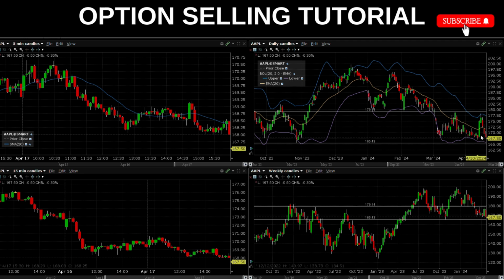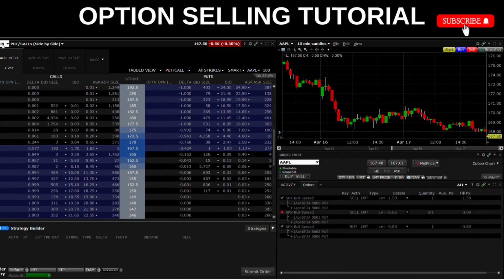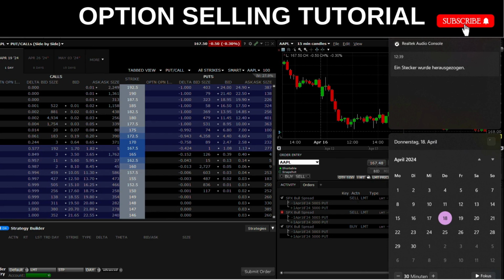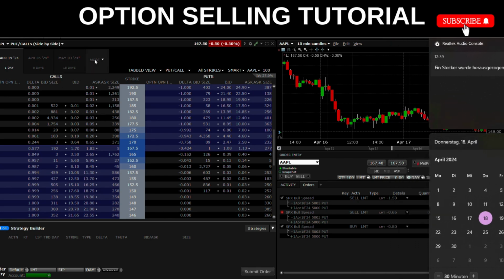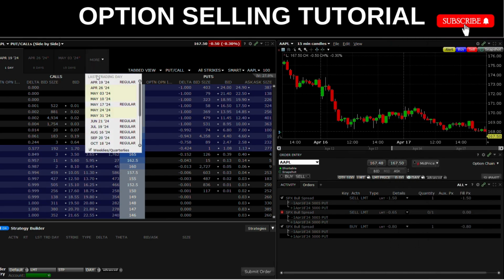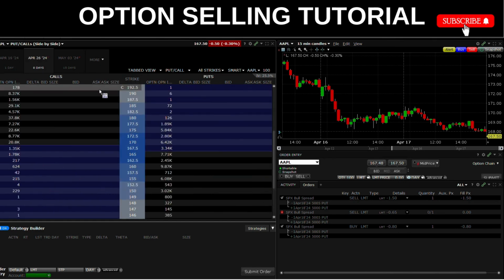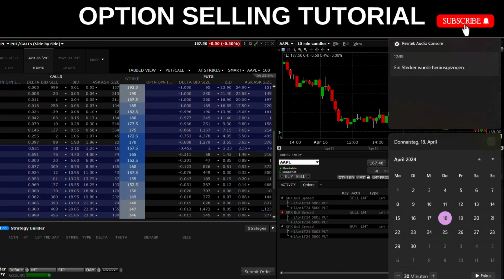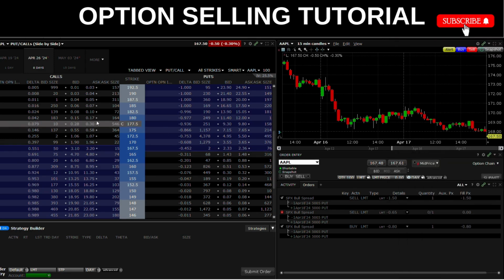Now once we know our view of the market, we go to the option chain here and take Apple. If you go 1 week out, it will be the 26th, next Friday, and we are saying the price will not go above 180.